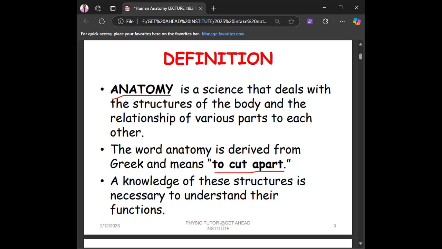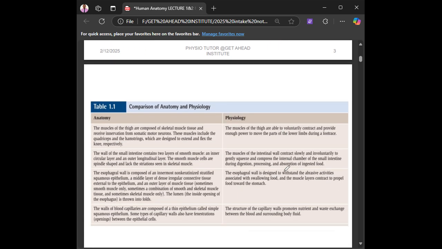So the knowledge that you gain when it comes to understanding these structures is very significant, because when you understand the structure, you also get to understand its functions in detail.